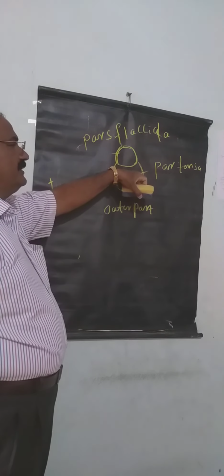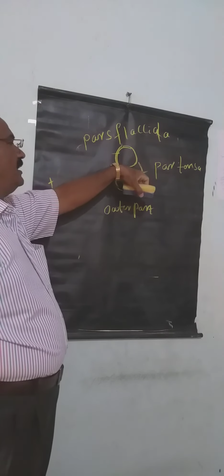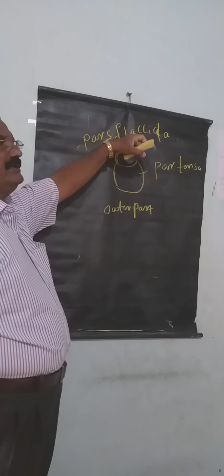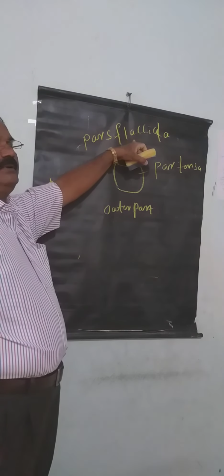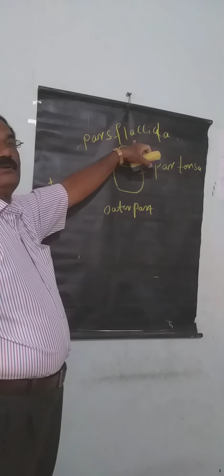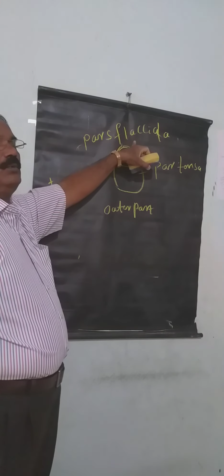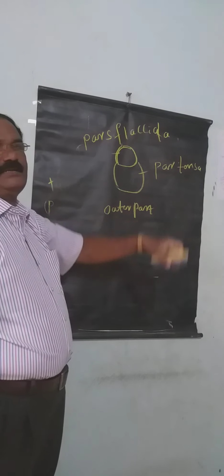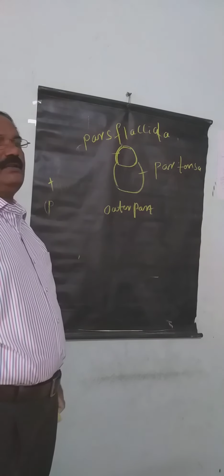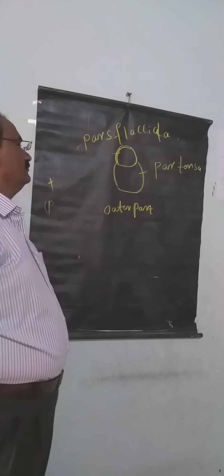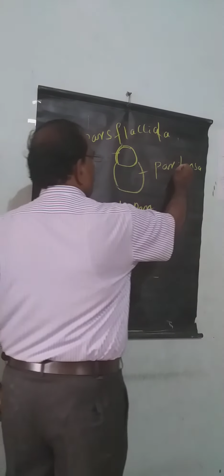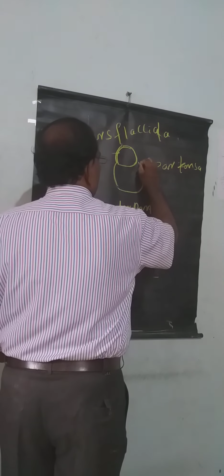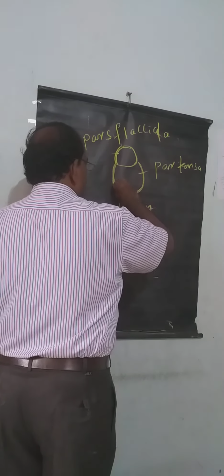Though they belong to one entity, pars flaccida is made up of loose areolar tissue, so it is very loose and smooth, and pars tensa is made up of a fibrous layer. It is much harder and rigid.